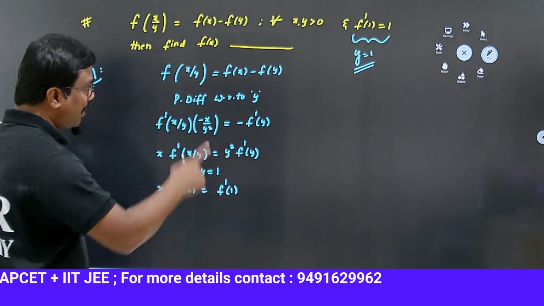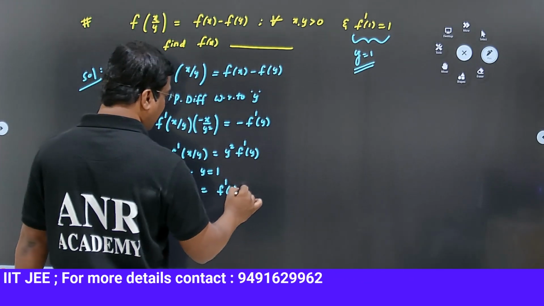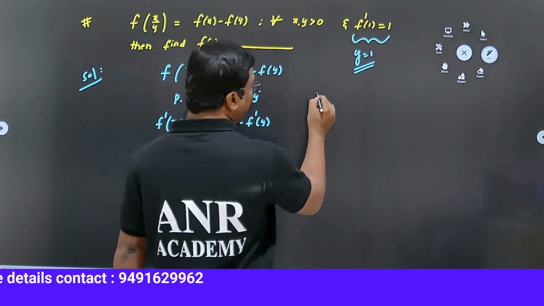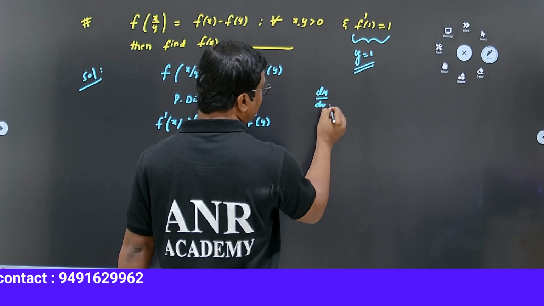You know that f dash 1 value is 1. It becomes 1. F dash x equal to 1, nothing but dy by dx equal to 1.